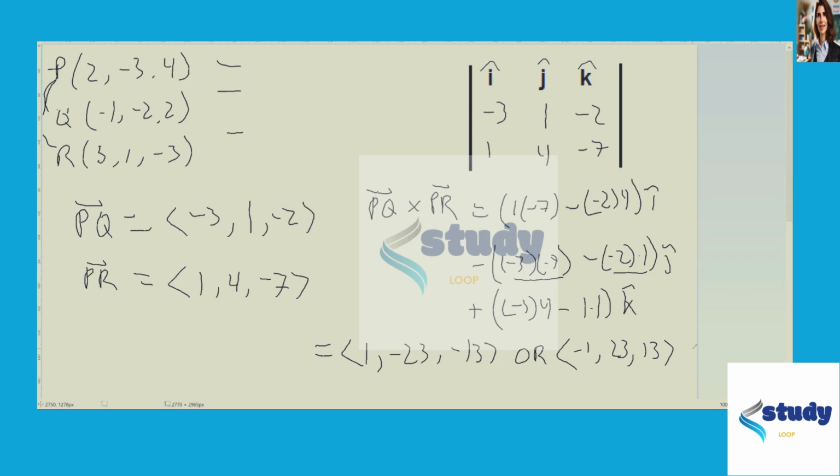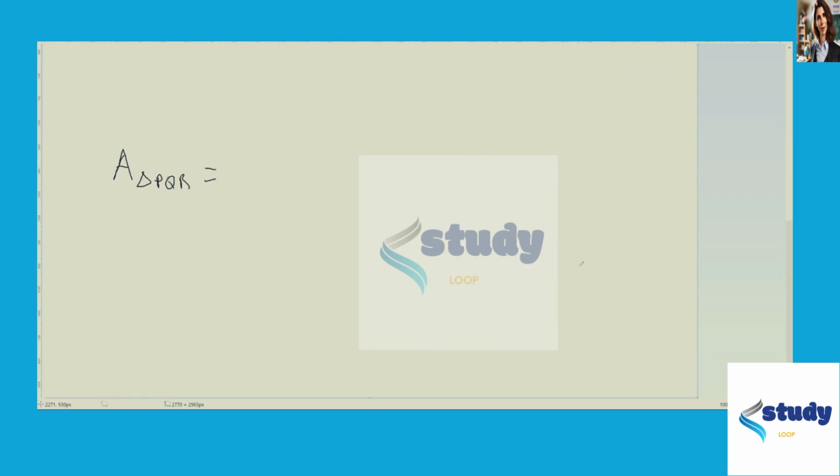Now, if we want to find the area of the triangle PQR, we can just use the absolute value or the magnitude of the cross product that we just found, PQ cross PR. As written, this is going to give us the area of the parallelogram defined by those two vectors, and so we divide it by 2.